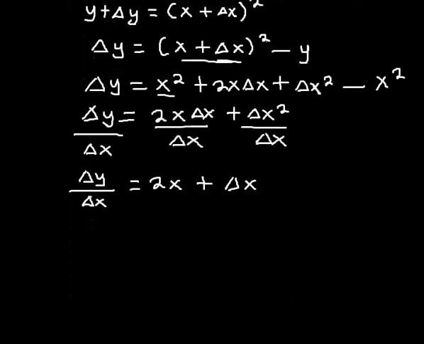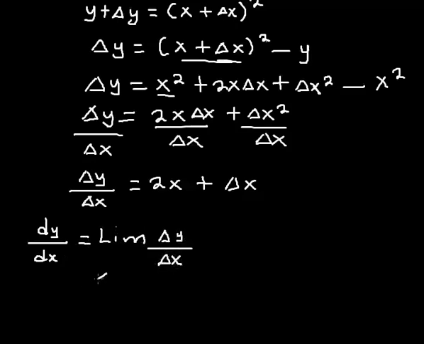So having gotten my gradient, I can now get my derivative, which is dy dx, which already we know is going to be the limit of my gradient, the limit of my gradient as my change delta x actually approaches 0.